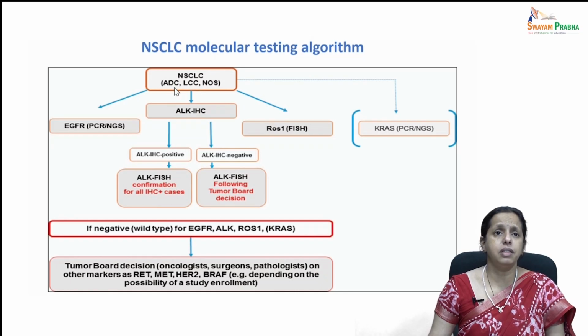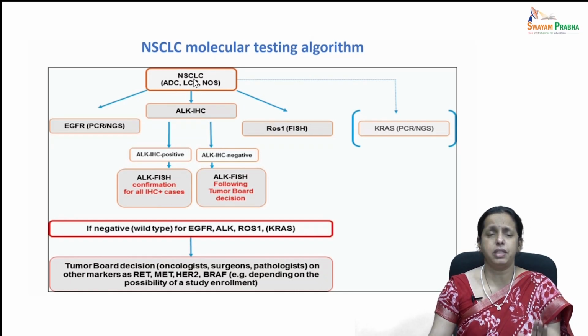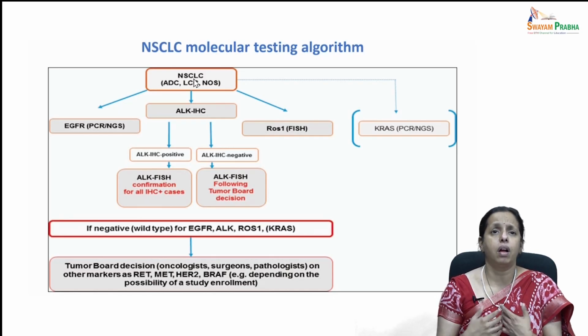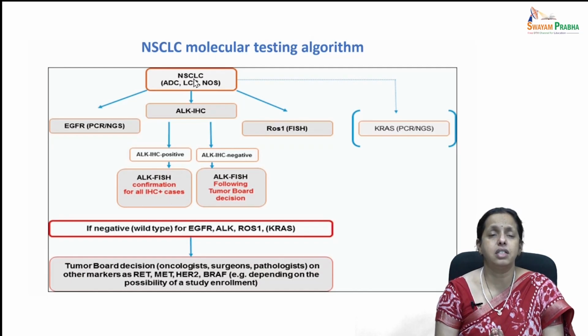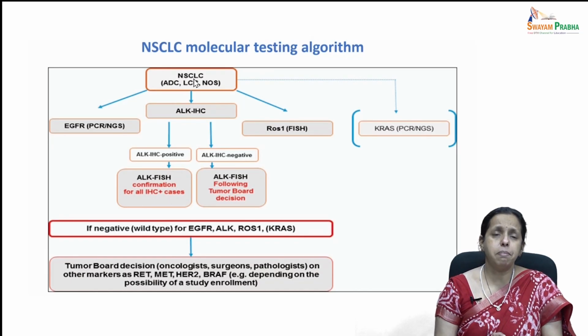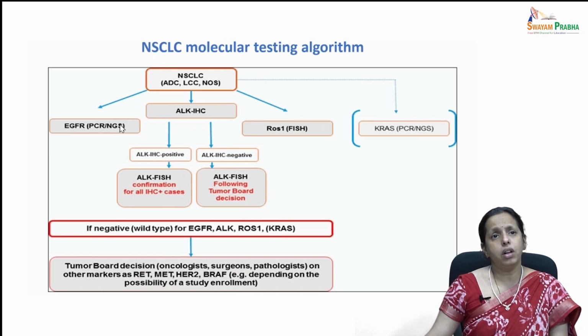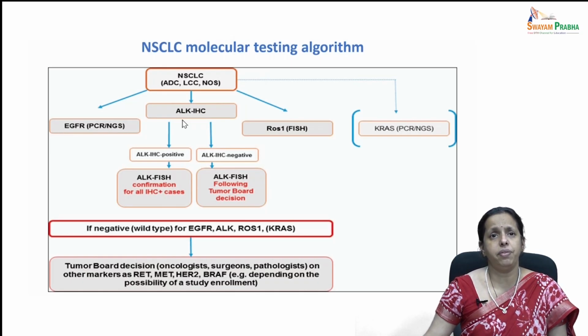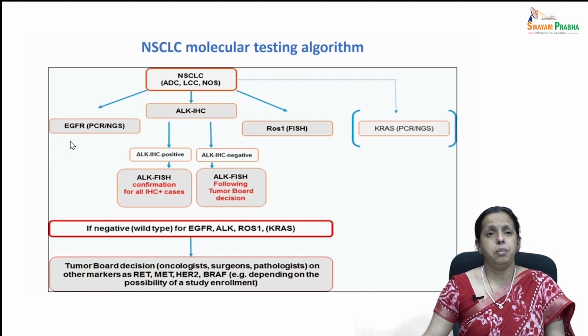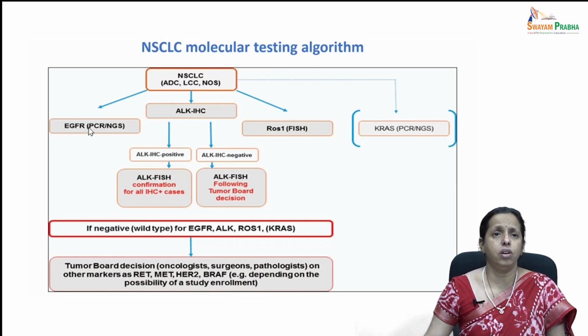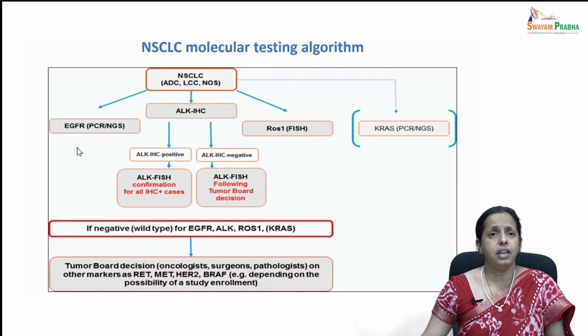After the patient presents, mostly at later stages, stage 3 or 4, a biopsy is taken and sent for molecular testing for EGFR and the ALK-ROS panels. In EGFR, if the patient is positive, they go for TKI inhibitors. That's how targeted therapy, the TKIs, is administered for EGFR positive.